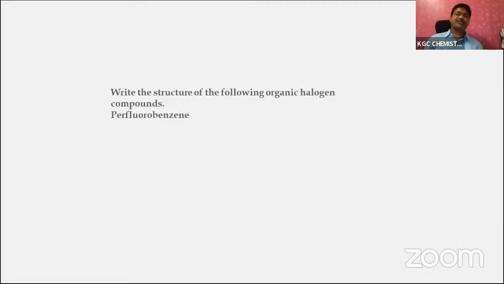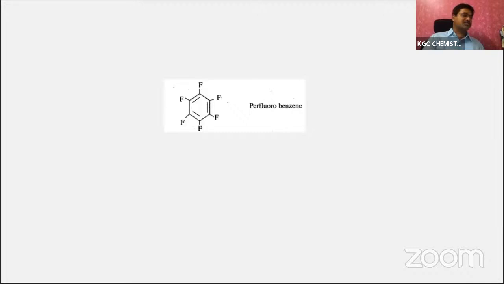Actually, I revealed that structure also. What may be the perfluorobenzene structure? This is the perfluorobenzene structure, because all are fluorine. Can anybody tell me what may be the molecular formula of this compound? C6F6, sir. C6F6 is the right answer.